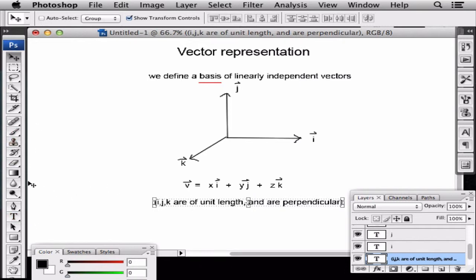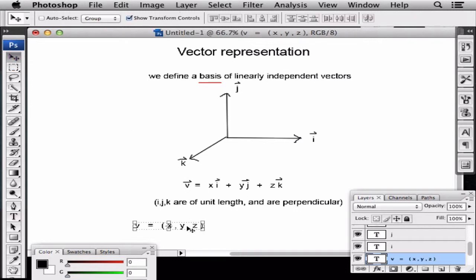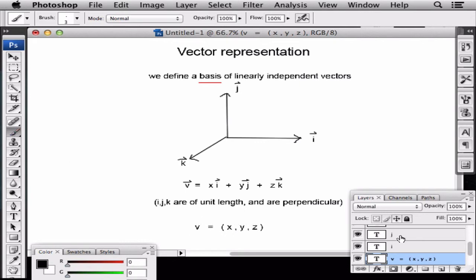All this leads up to simply that we can define the coordinate representation of vectors. x, y, z: I'm going to write them horizontally, which is easier to write, with parentheses around, going forward.